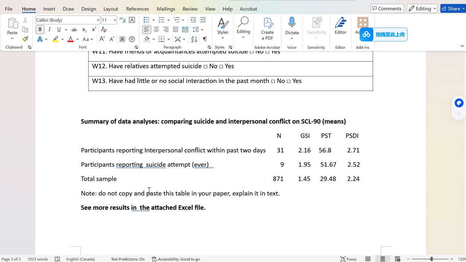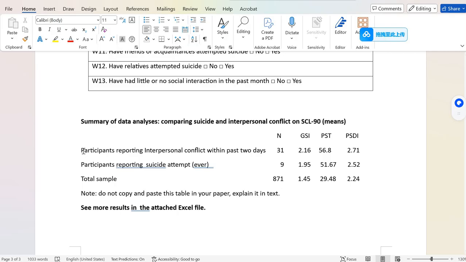This table shows the results on the Global Symptom Index, Positive Symptom Total, Positive Symptom Distress Index. You don't want to copy and paste this table in your paper. You want to explain the result in your own words, in text.